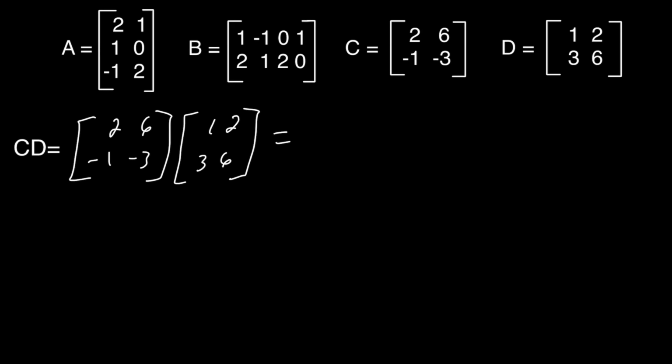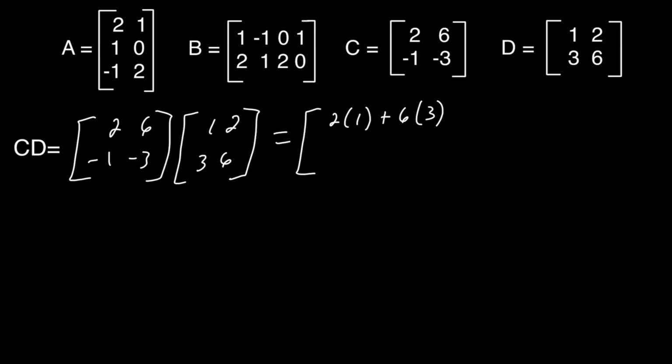So 2 times 1 plus 6 times 3. That was row 1 times column 1. Row 1 times column 2. We need to finish out all the columns before we can move on to the next row.